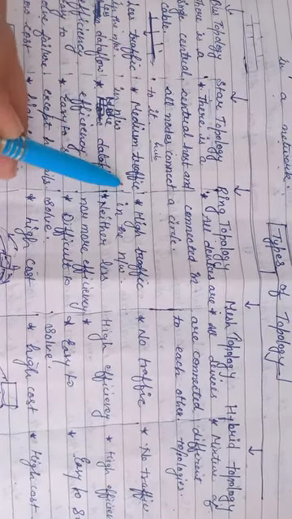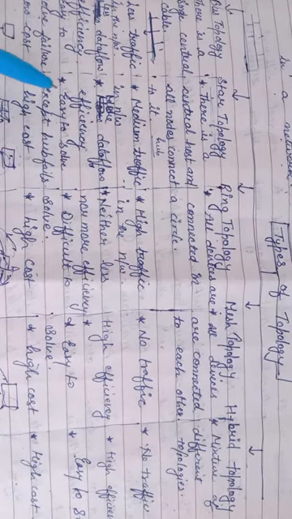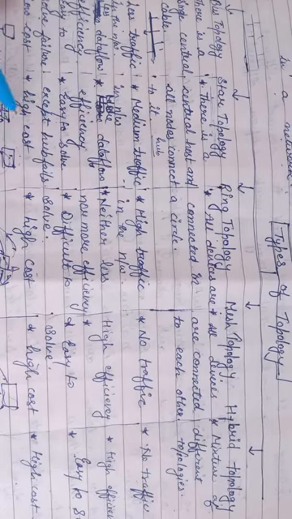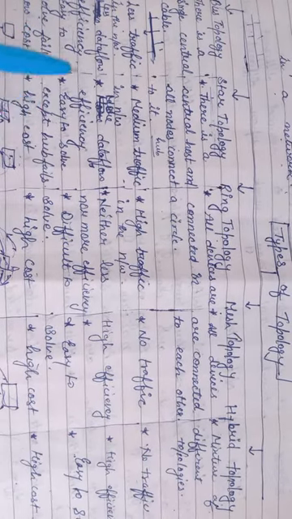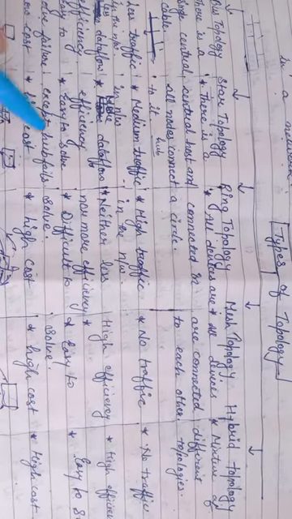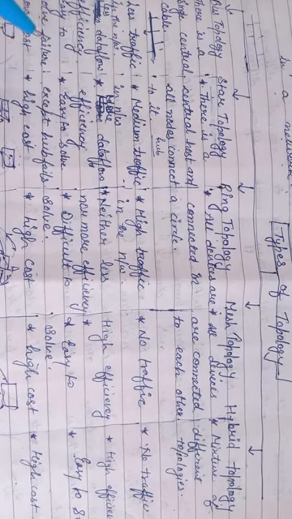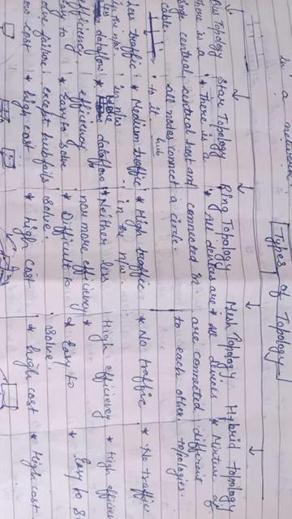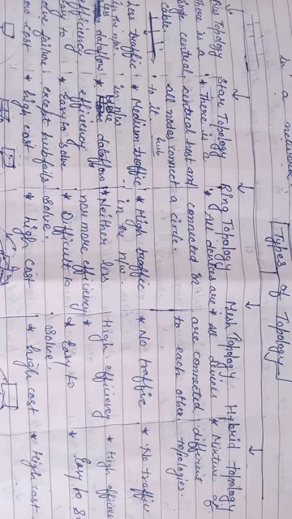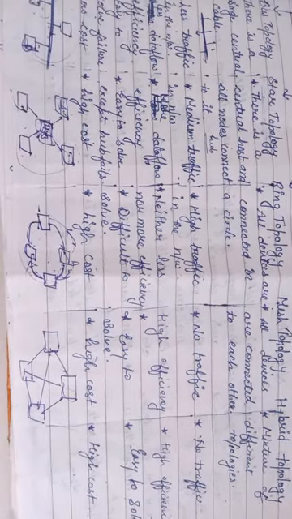There is medium traffic in the network and the efficiency is greater than the bus topology. In this also we can easily solve the failures in our network, except if the hub fails. If the central device fails, then it will be difficult to recognize the failure, but in other cases we can easily solve the problems. There is high installation cost.